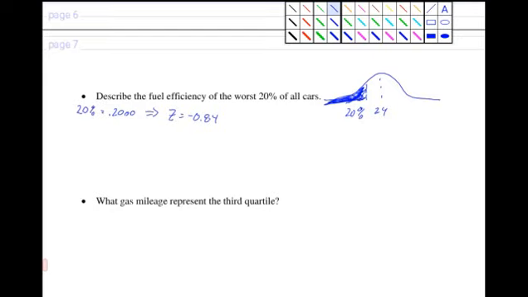So now we can set up our formula. Negative 0.84 equals x minus the mean, which is 24, divided by the standard deviation, which was 6. And so we multiply by that 6.